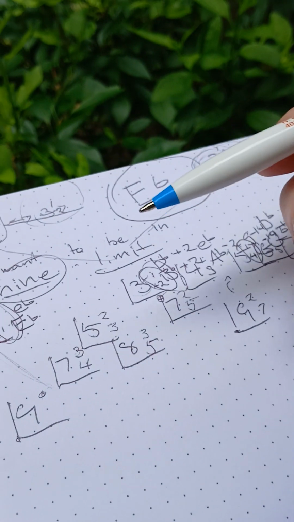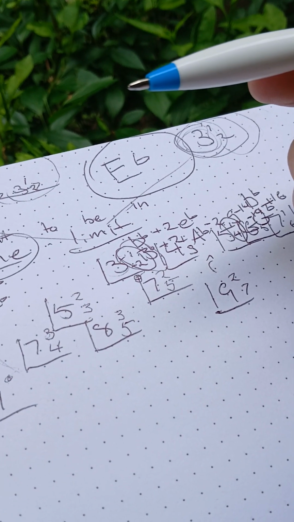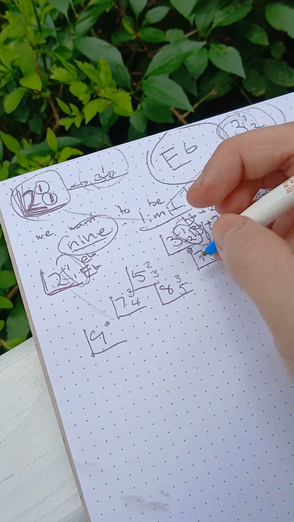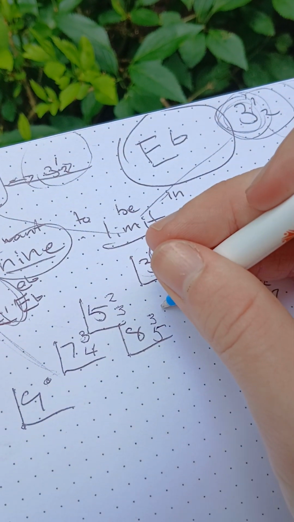It's like an octave plus a 5th, maybe. I don't remember. 8/3, it's an octave plus a 4th. Okay, so an octave plus a 4th away from E flat is A flat.